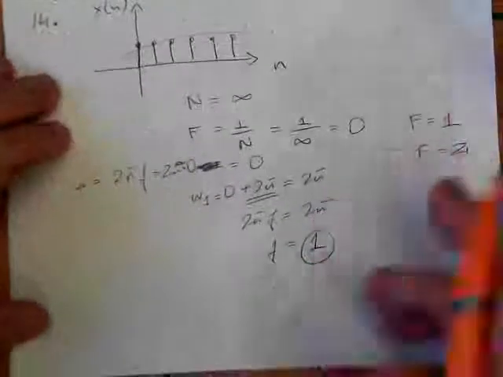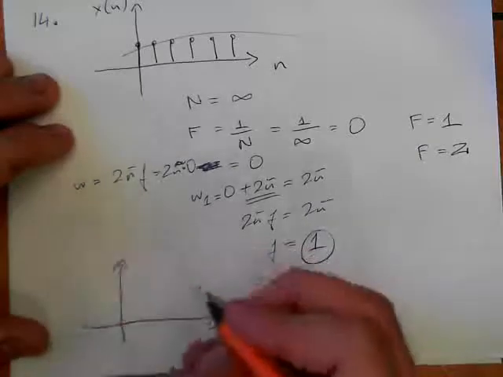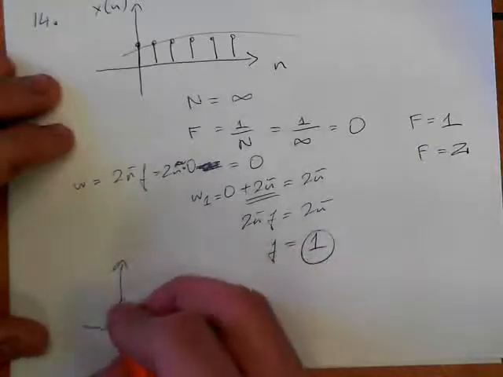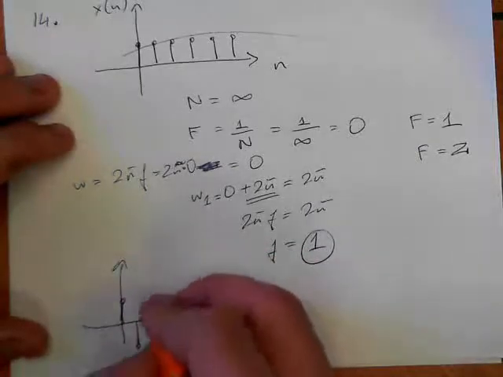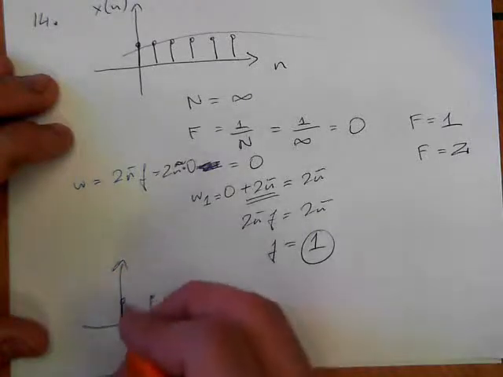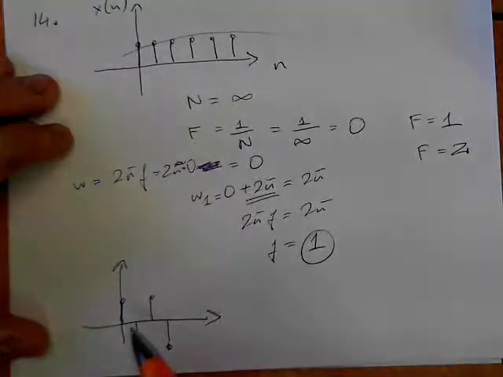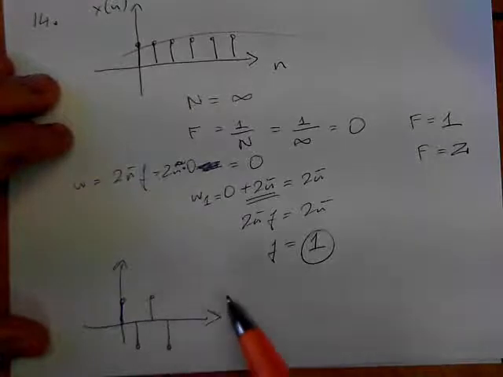Now other thing that I want to tell you, that is we are counting the spaces to tell the period. So the period is the time from one maximum to one maximum, or from one minimum to one minimum, or from two equal points.